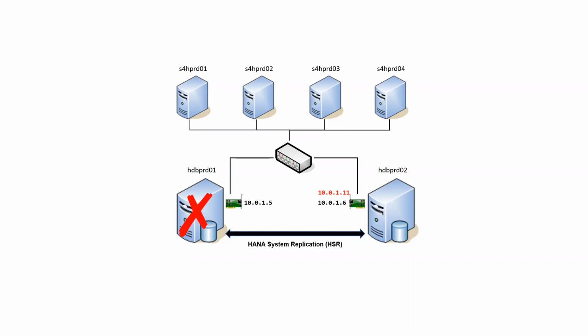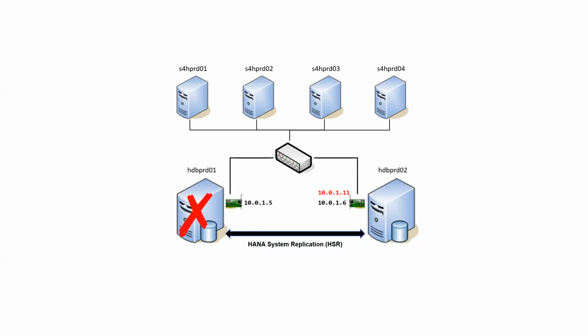Sorry, virtual host name, there's no ask for the IP address. You can give the virtual host name, and internally it will resolve the virtual host name to the virtual IP address. That is how it will work. So every time the application server will only look for the virtual IP address.